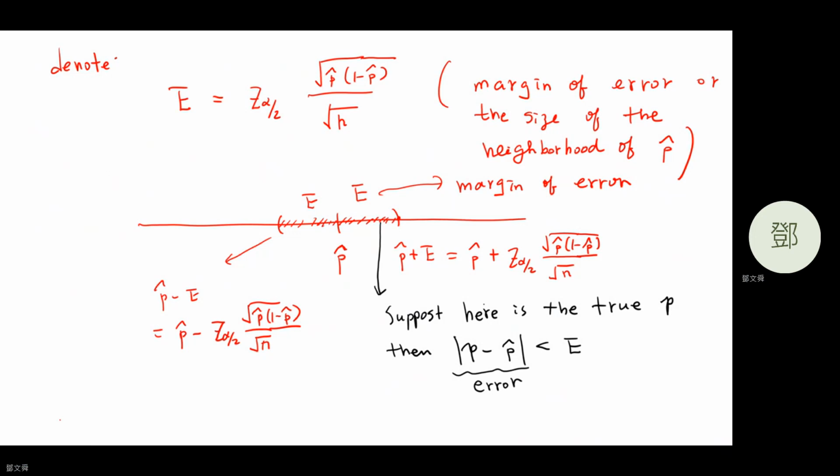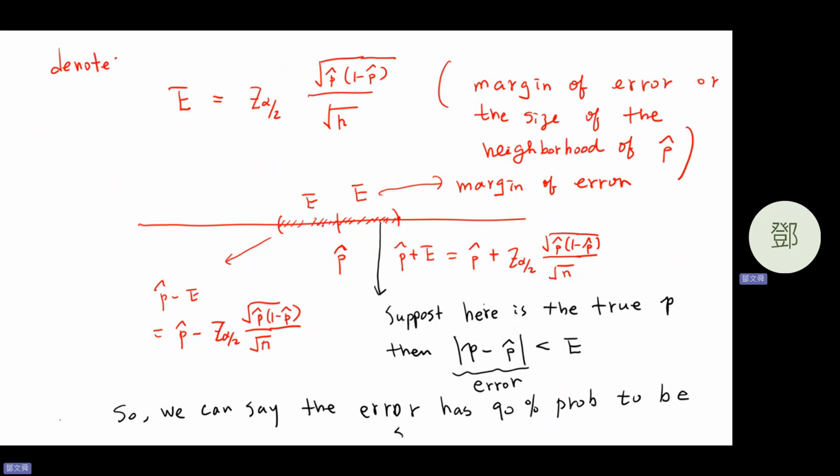So we can say the error has a 90% probability to be smaller than E, because this is the distance, p hat minus p.